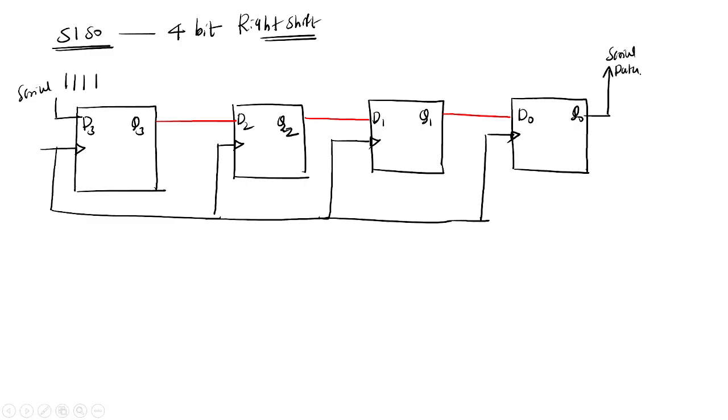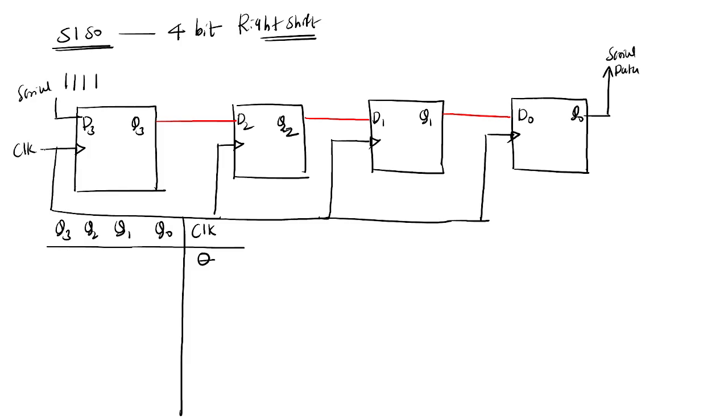So let us take Q3, Q2, Q1 and Q0, and next clock I am applying. Here, initially, when the clock is 0 or the clock is not applied, the outputs of all the flip flops are 0 only.